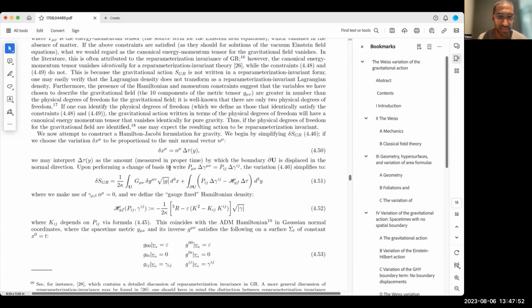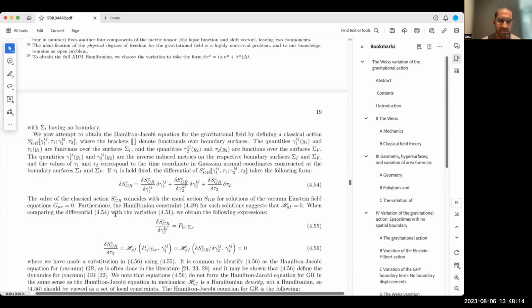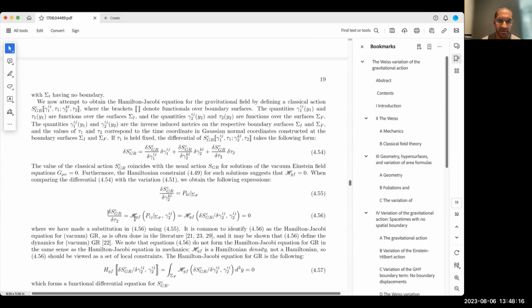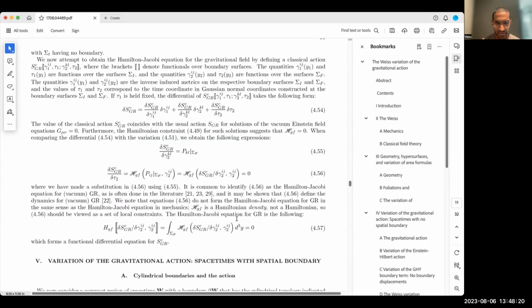They even comment on this. So they talk about the Hamilton-Jacobi formulation, and here they take this normal to be the normal to some boundary, right? They don't even really specify. And exactly as we've seen in other discussions on this channel, you get this gauge fixed Hamiltonian density, which is exactly what features in the gravitational Hamilton-Jacobi equations.